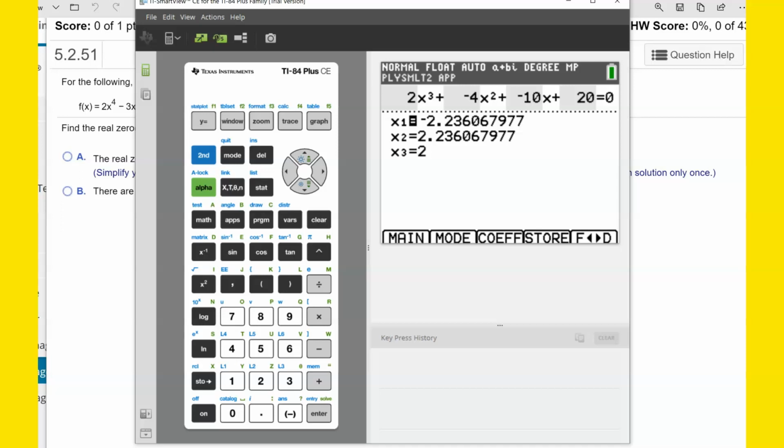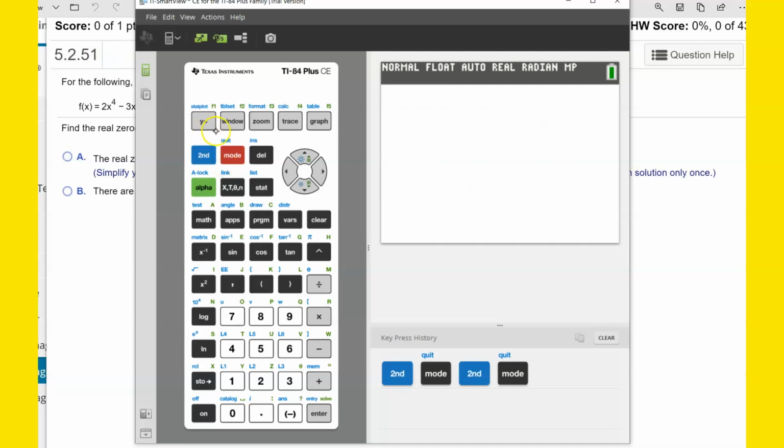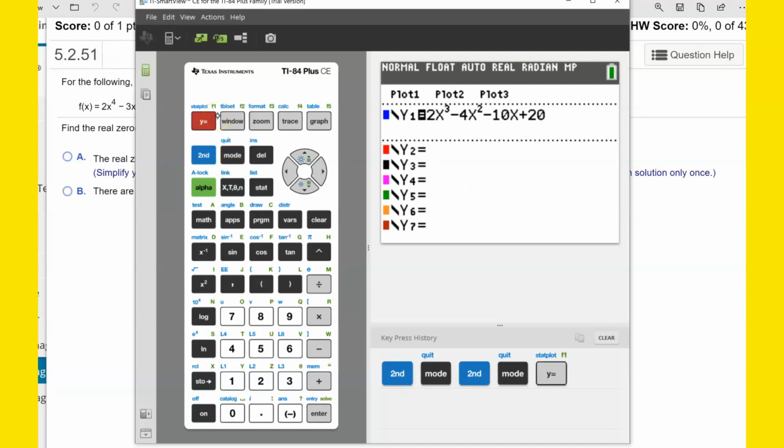One way you could do it is to go to the graph. I could type it into y equals and graph it and find where it crosses the x-axis by doing second calculate zeros, and I can find the real zeros that way.